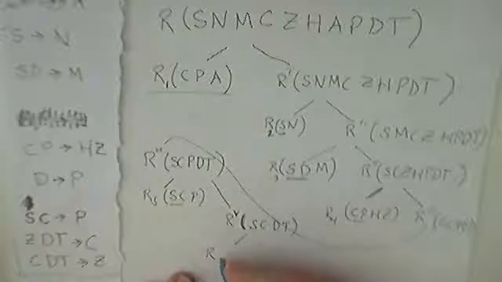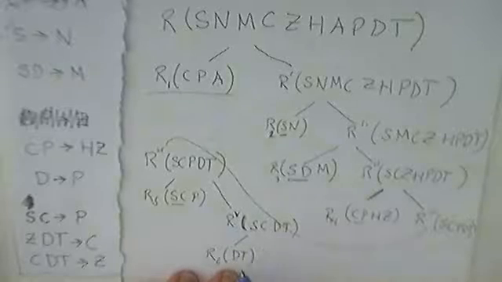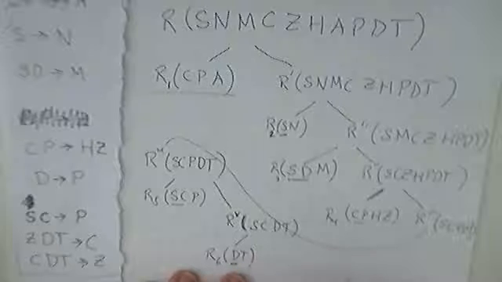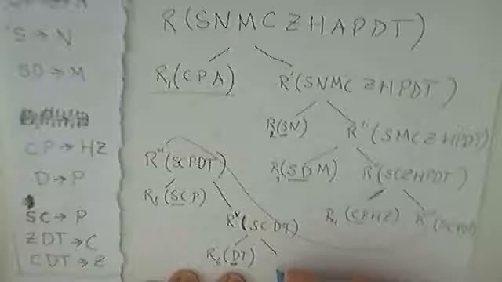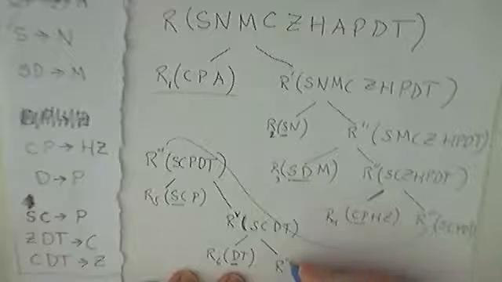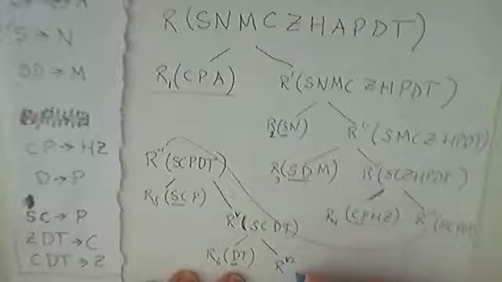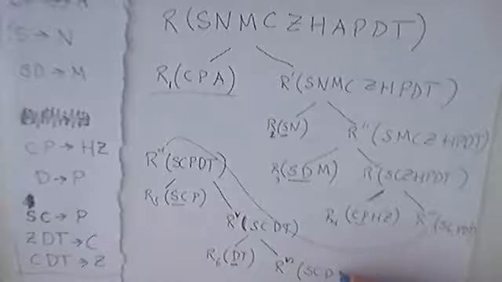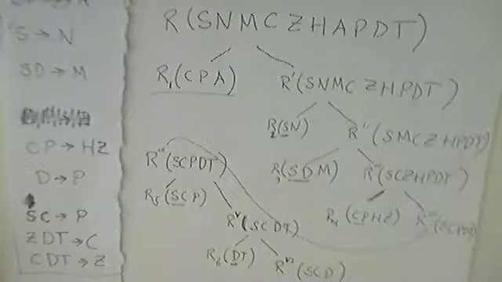So R6, and then we're going to have DT. Right. R6 DT, day determines term, and then R6 prime is going to be SCD.